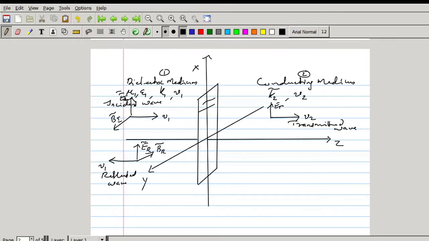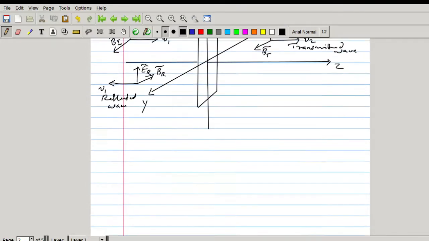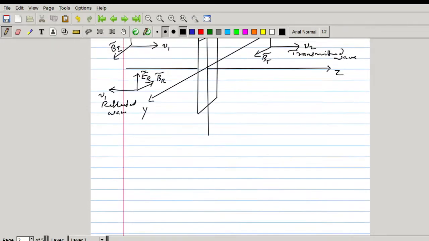The magnetic field of the transmitted wave is along the positive y direction, the electric field along the positive x direction, and the wave is propagating along the positive z direction. We are considering normal incidence. The wave is incident normally on the interface.